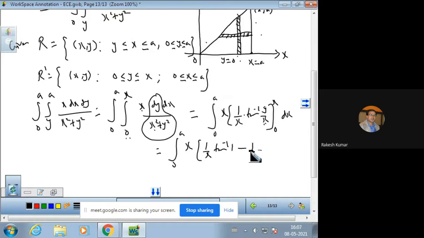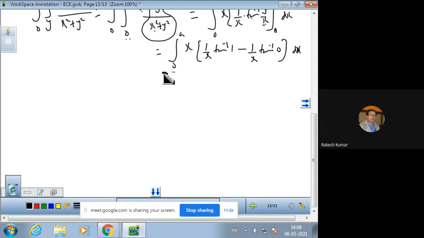For lower limit 0, 1 by x tangent inverse 0 over x, and we all know that tangent inverse 0 is always 0. So you have 0 to a, x into 1 by x, tangent inverse 1, which is pi by 4, dx. The other term vanishes because tangent inverse 0 is 0.